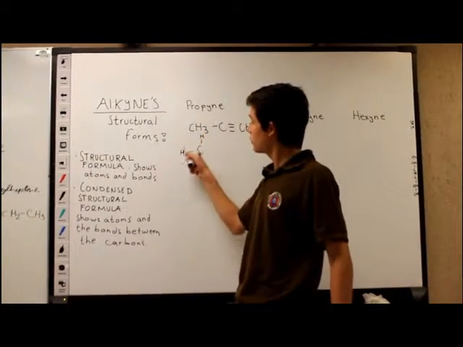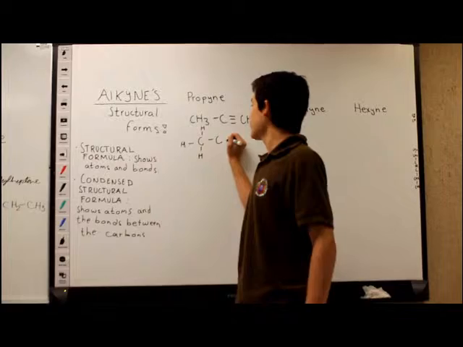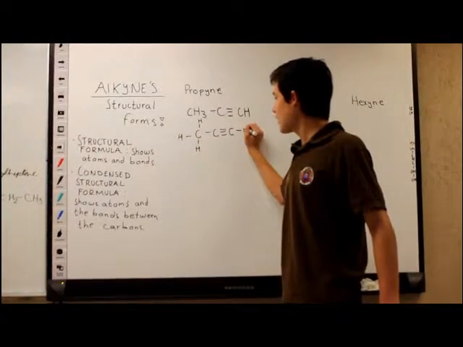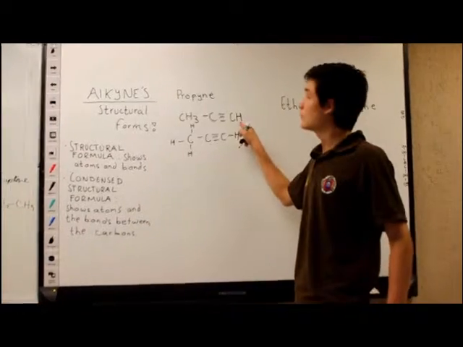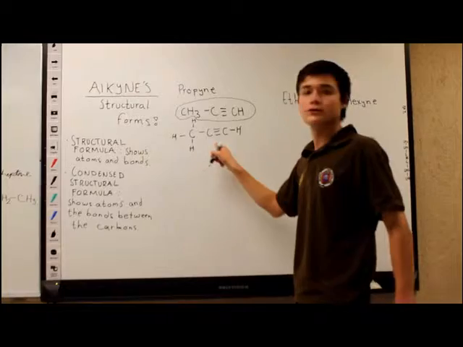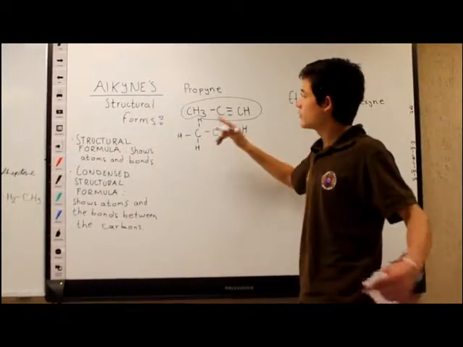Three hydrogens, another carbon, the triple bond, another carbon, and the hydrogen that you can perceive here. This is the condensed, and this is the structural. Here you just expand it.